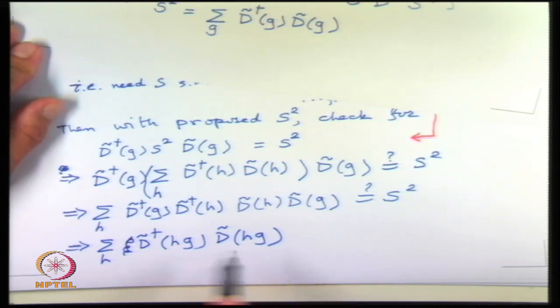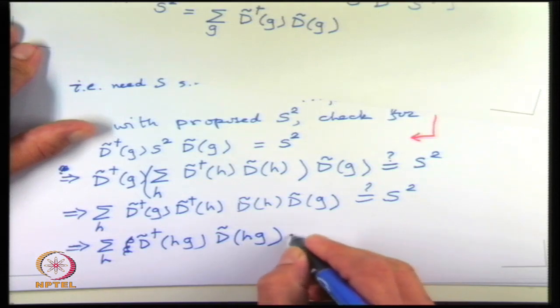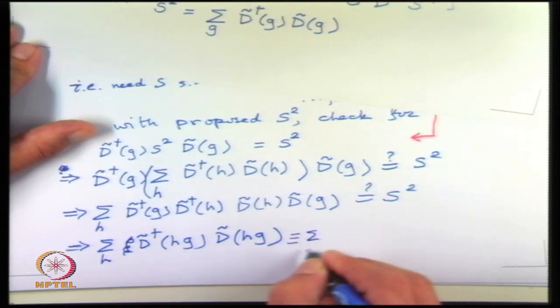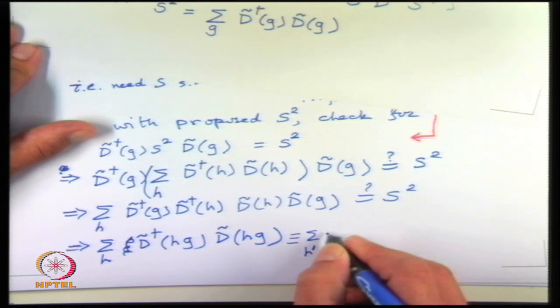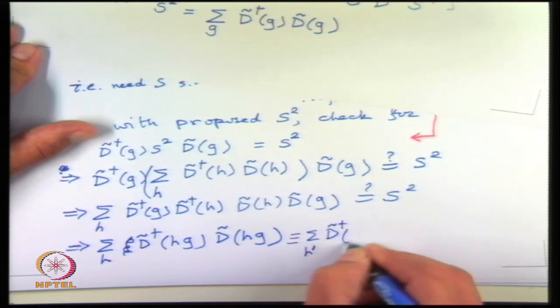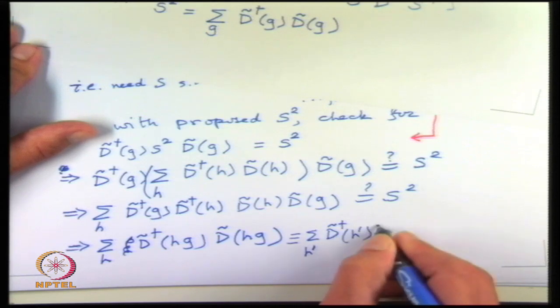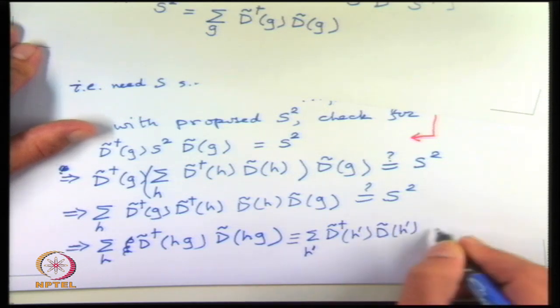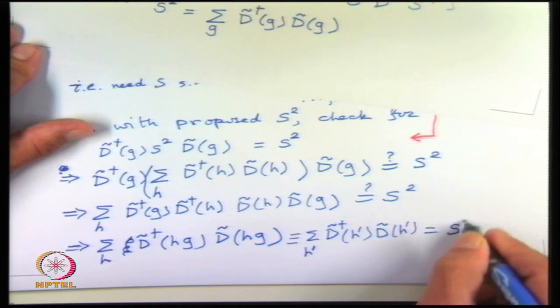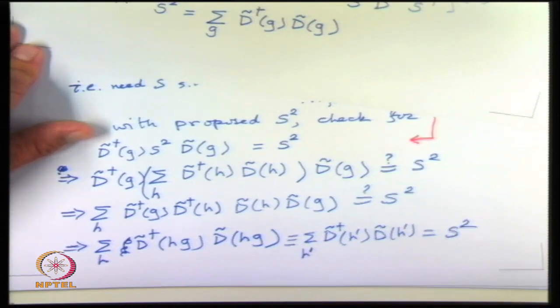But now this summation ran over all the group elements. This is only relabeling the summation because a constant G is multiplying all of them on the right. So this is same as summation over some H prime of D tilde dagger H prime D tilde H prime, but that is equal to S squared.